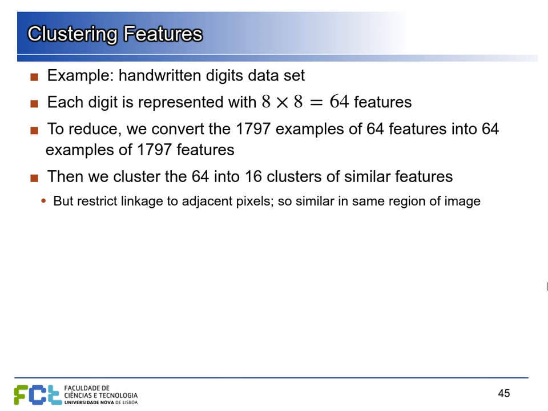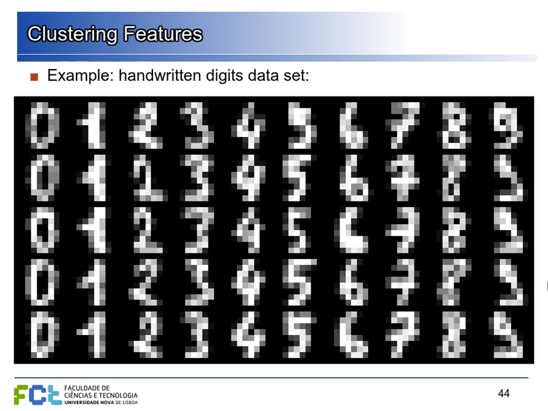So this is the number of examples that we have, 1,797 digits, and each one has 64 features. If we transpose this matrix, we can consider that we have 64 examples, each one with 1,797 features, corresponding in the first case to, for example, the pixel in the corner, all the values of that pixel in all the handwritten digits in our database.